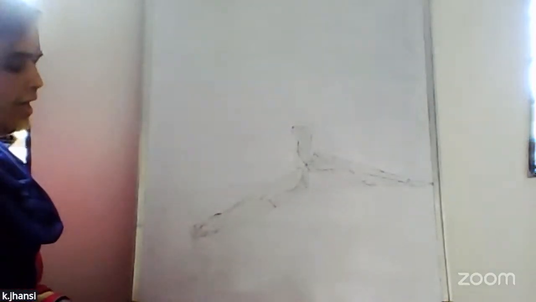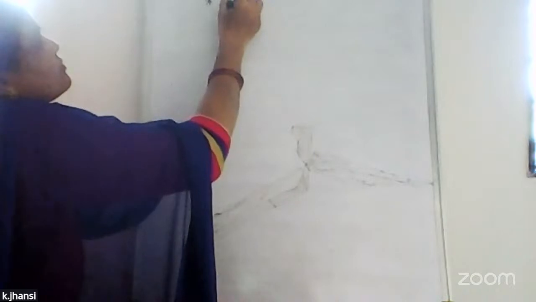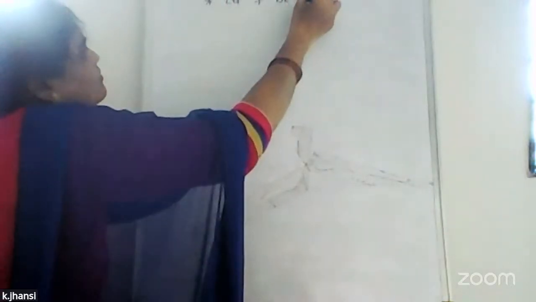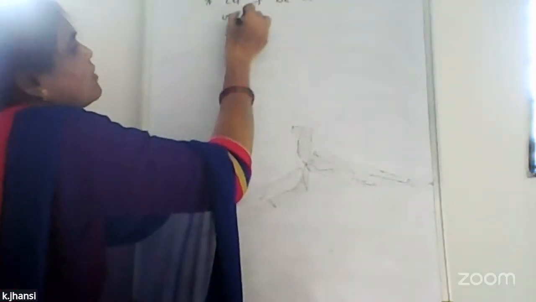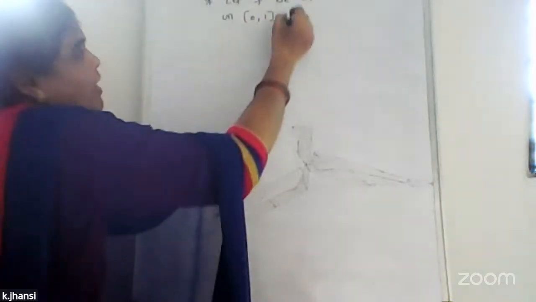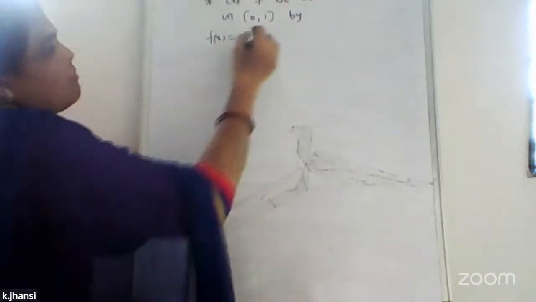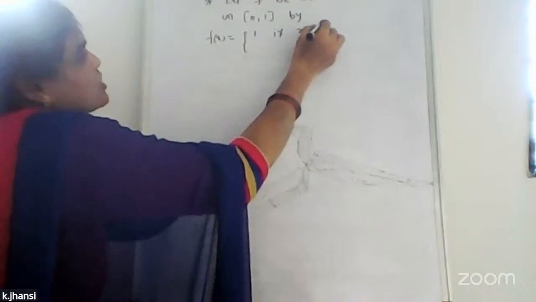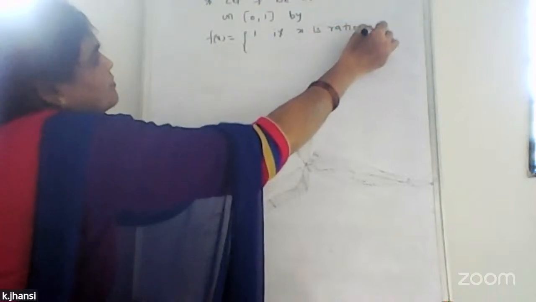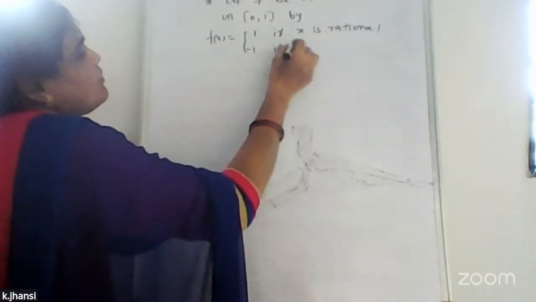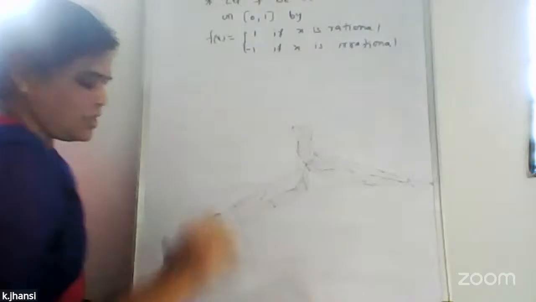So the problem is: let f be defined on the closed interval 0 comma 1 by f of x equals 1 if x is rational, and minus 1 if x is irrational.